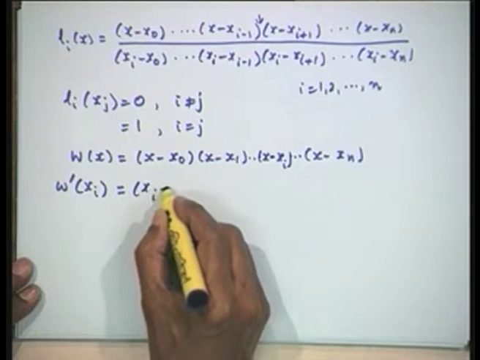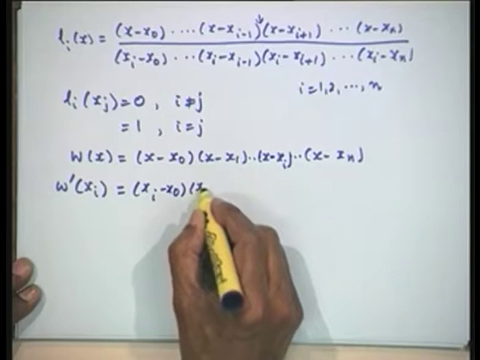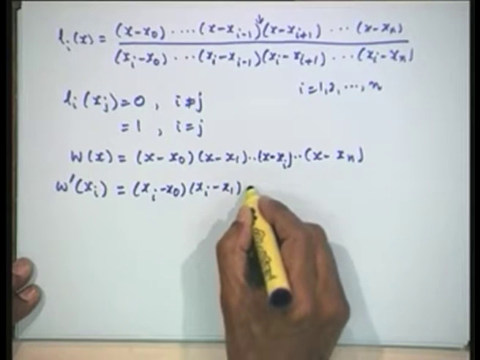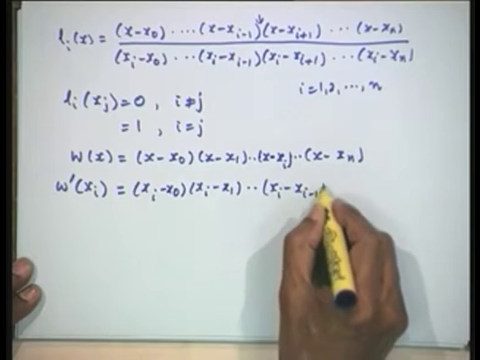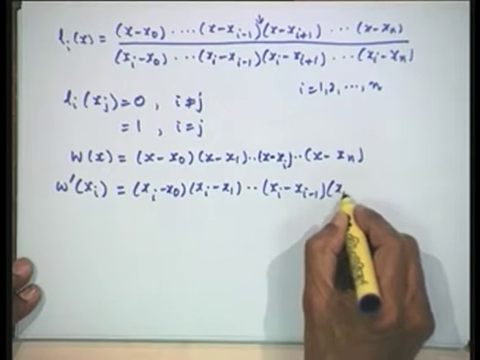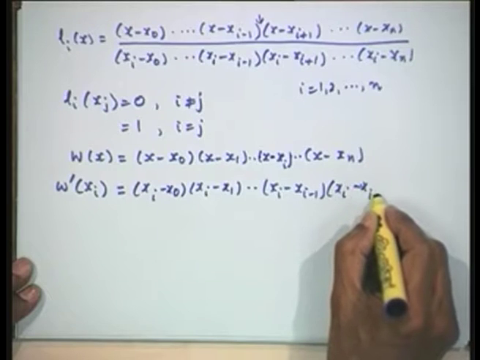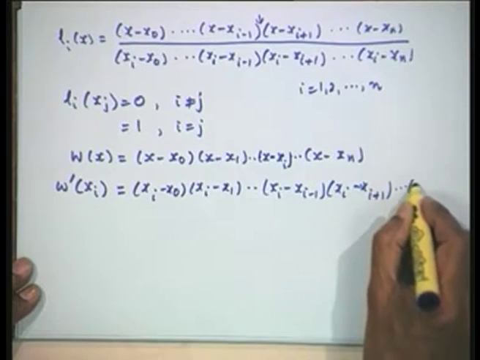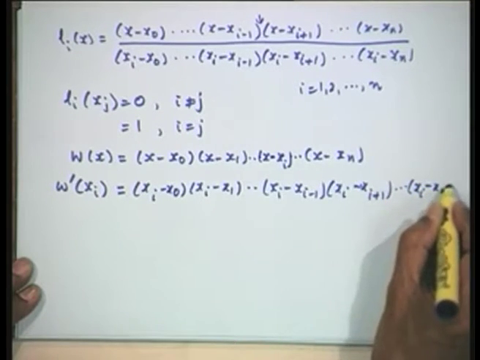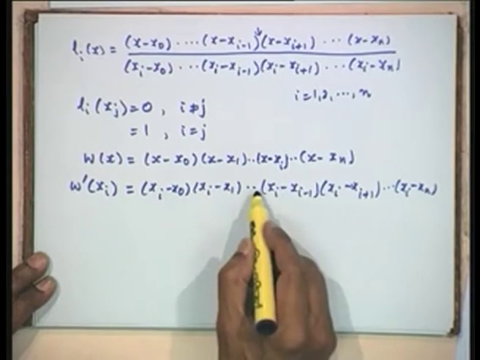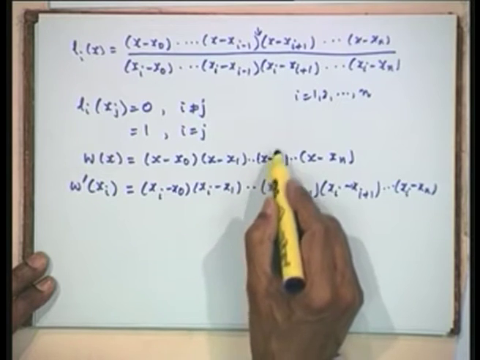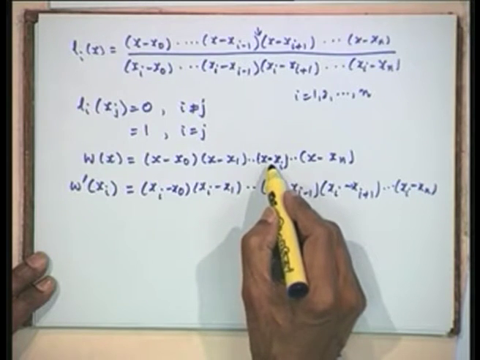So, what I will have here is xi minus x0, xi minus x1, the previous one xi minus xi minus 1, the next one xi minus xi plus 1, and the last term xi minus xn. So, all the terms would disappear except one term, which was the derivative using this particular factor.